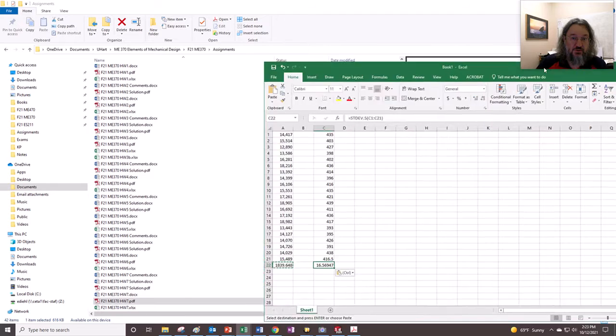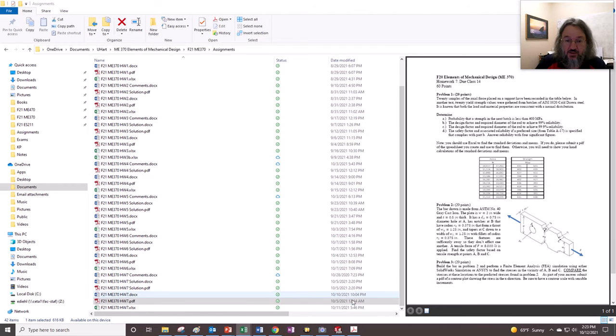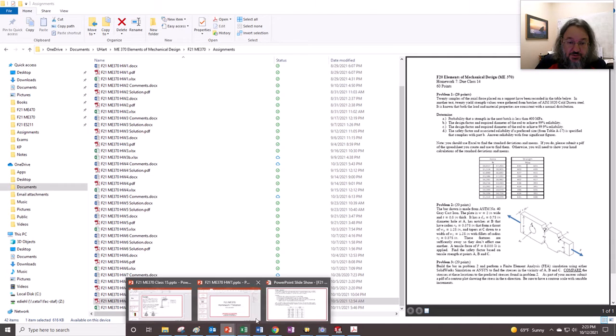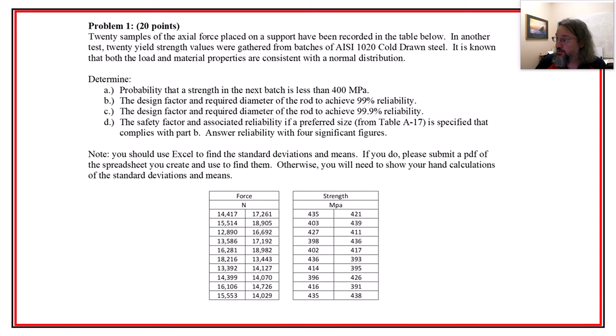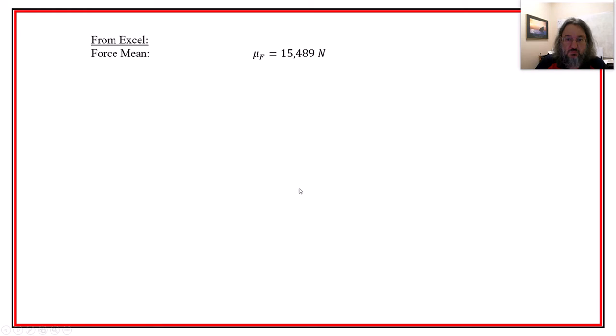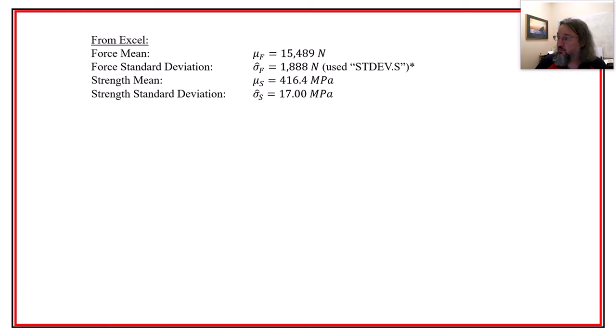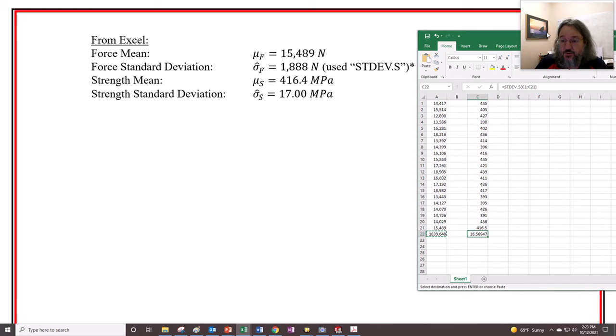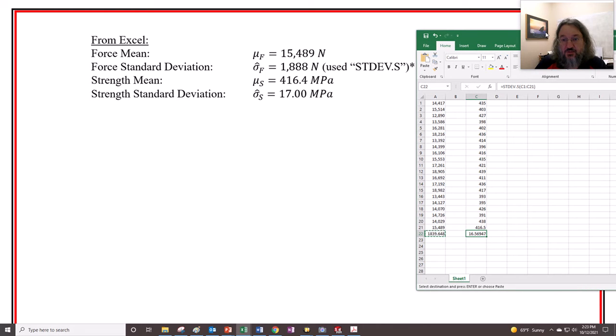Okay, so let me go back to this. Did I get the same ones right here? Yeah. Actually, for the standard deviation, it looks like I might have got something different there for some reason. Interesting.